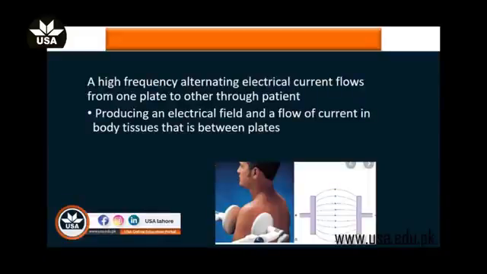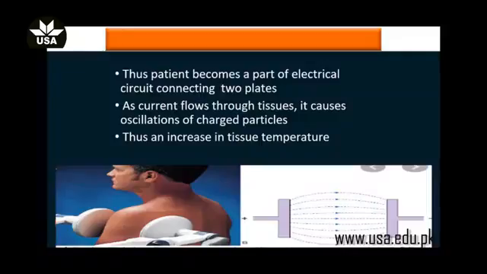The patient is now part of the circuit, and it produces an electric field, and the flow of current in the body tissue is in between the plates. Thus, the patient becomes part of the electrical circuit containing the two plates. As the current flows through the tissues, it causes oscillation of the charged particles, and thus an increase in tissue temperature occurs. In this way, we get heating effects.